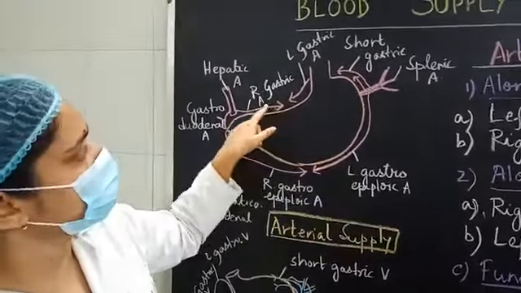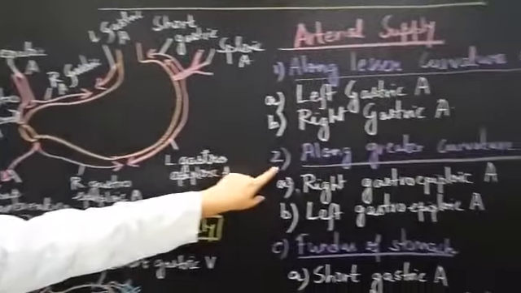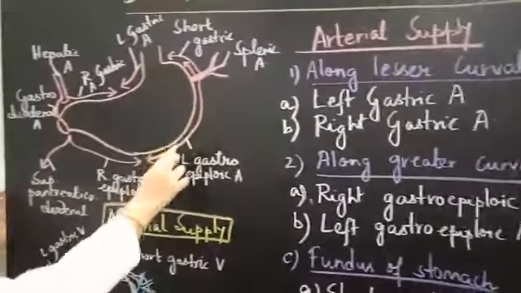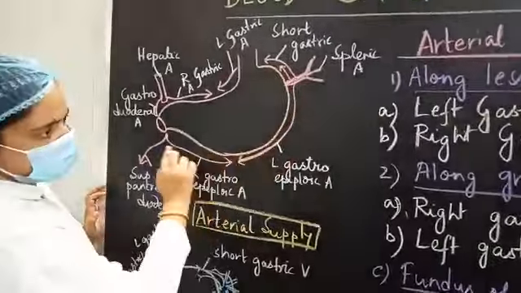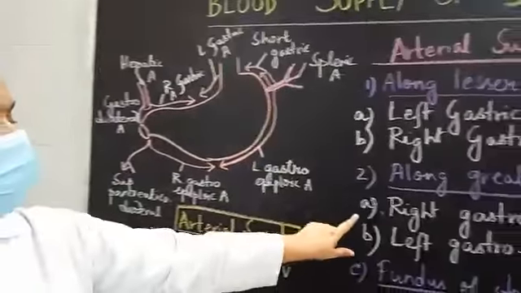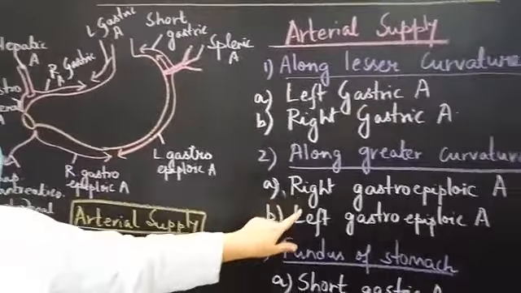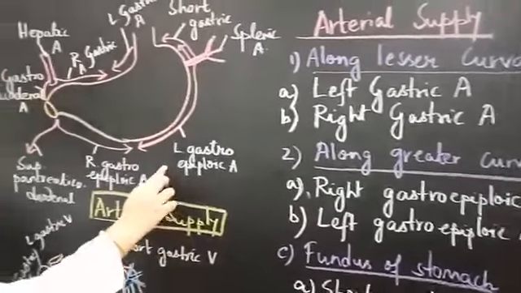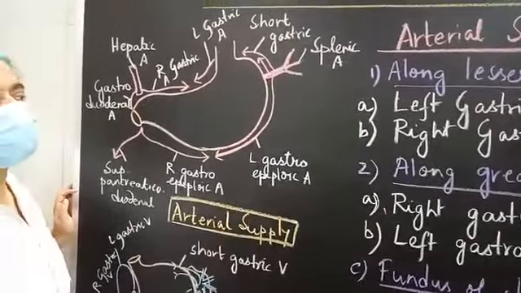Next is, and this along the number 2 is along the greater curvature of stomach. So this is the greater curvature of stomach, this part. This is mostly supplied by two arteries, right and the left gastroepiploic artery. So here you see the left gastroepiploic artery.